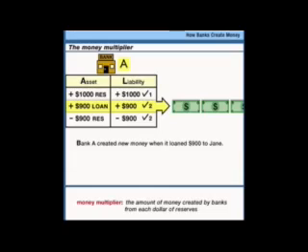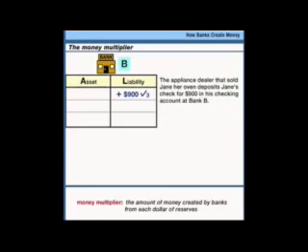Well, Bank B took that check to Bank A, as we saw before, and acquired $900 in new reserves. Well, now Bank B has a calculation to do. Bank B asks itself, how much of this money do we have to hold and how much of it can we lend? Well, our new checking account is $900, so 900 times 10% is 90. It takes $90 of reserves to back this checking account.